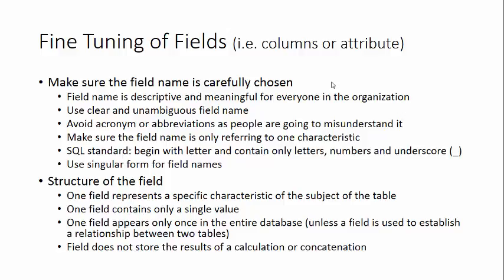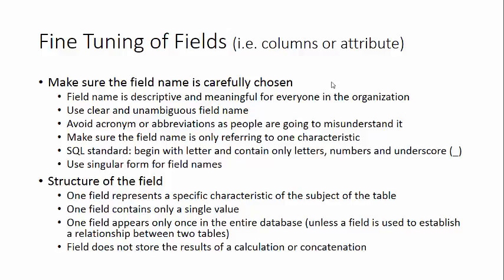If you are using some calculation and the field only records the result and not the relationship, once you change some of the data in the corresponding dependent columns, this calculated column is not going to be updated, so that can cause a data integrity problem. So please do not store results of a calculation or concatenation in a field.